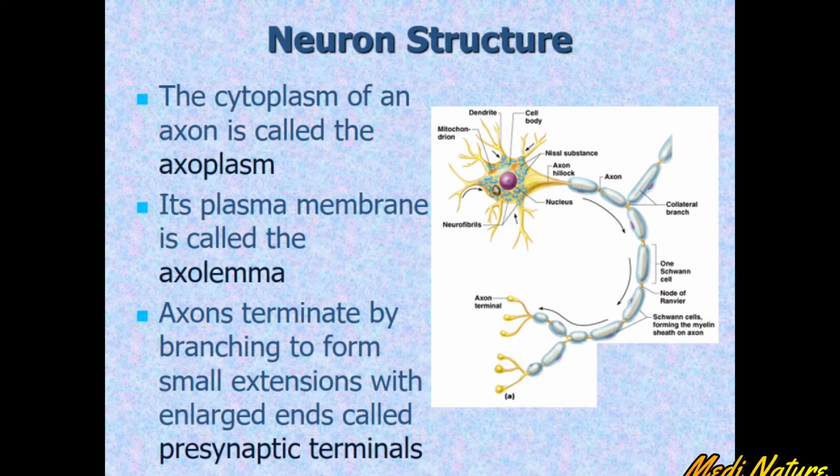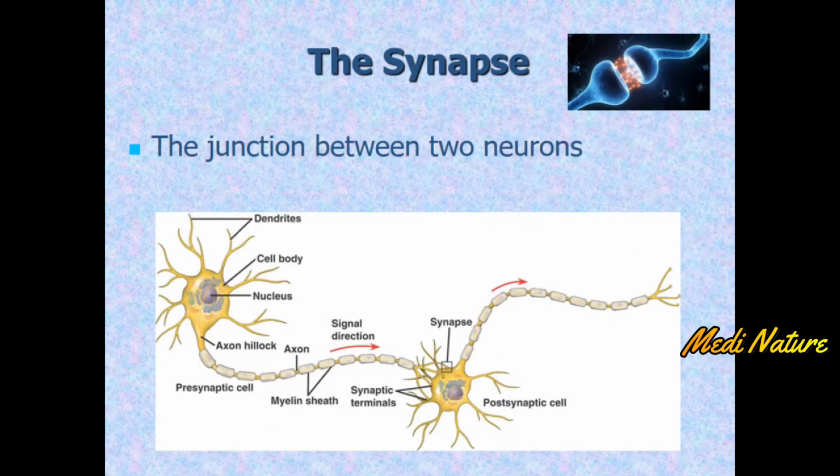These axons finally terminate by branching to form small extensions. These small extensions become enlarged in order to form structures called presynaptic terminals. The synapse is the junction between two neurons.